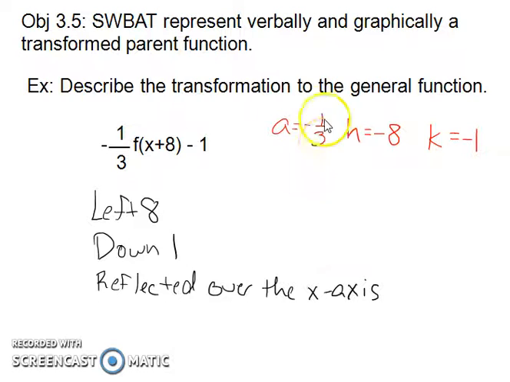And then the 1/3 means that it's either been stretched or compressed, and the dividing line is 1. If it's less than 1, which it is, then it's a compression. So this has been vertically compressed by a factor of 1/3, meaning it's like 1/3 as high as it would otherwise be. You notice we're just looking at the absolute value of a when we talk about stretch or compression, so just ignore the negative when you answer that part. So this is a vertical compression by a factor of 1/3.